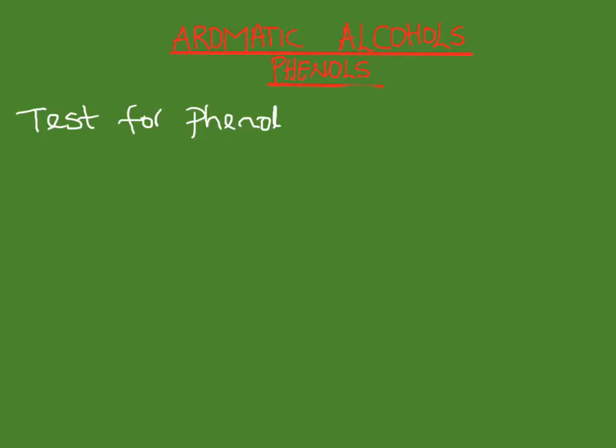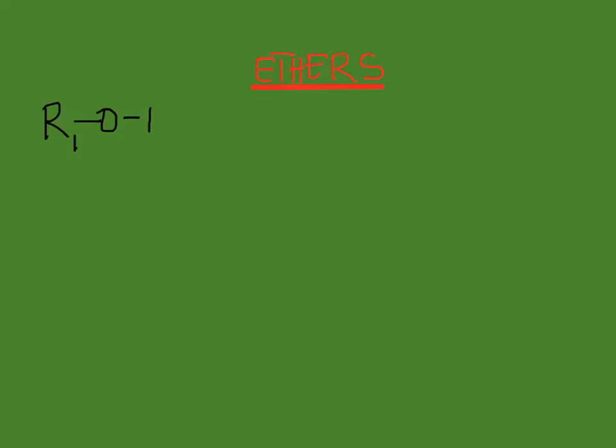We've come to the end of our aromatic alcohols. The next compound we'll be looking at is ethers. Ethers have the general formula R1 attached to the oxygen, then to another group, R2, where R1 and R2 are alkyl or aryl groups.